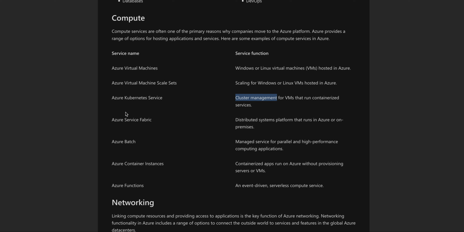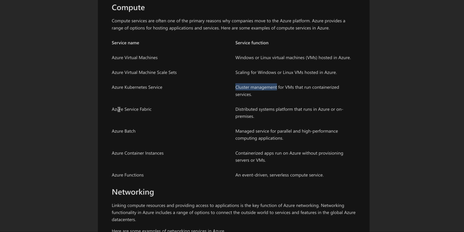So let's move on. Then you have Azure Service Fabric, and the function is a distributed systems platform that runs in Azure or on premises.